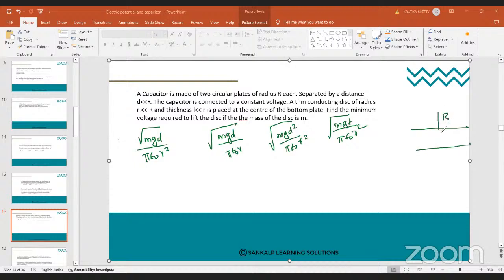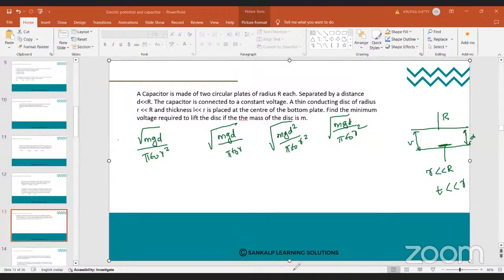So this disk is having radius r, the potential is V, and the thickness is small d. Here one disk is there, and they have given r is less than r and t is less than r. This much it is given in the question.